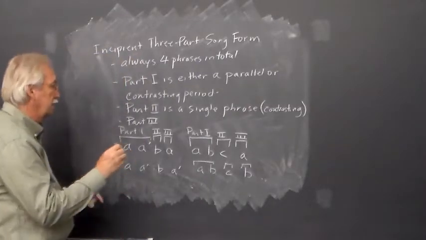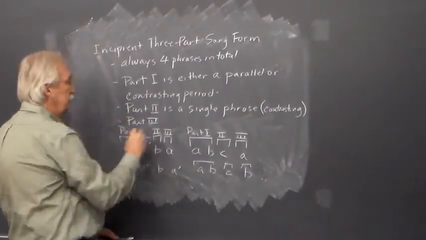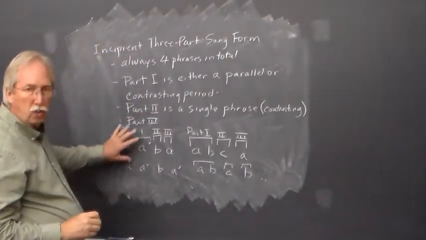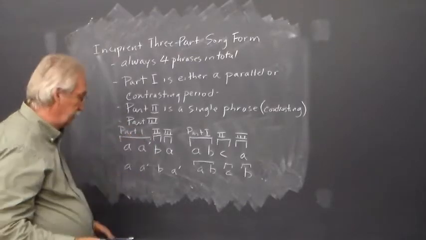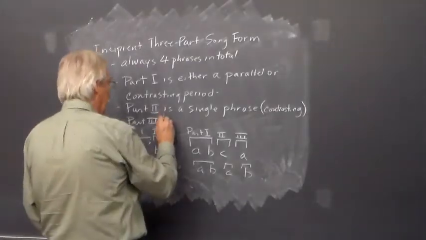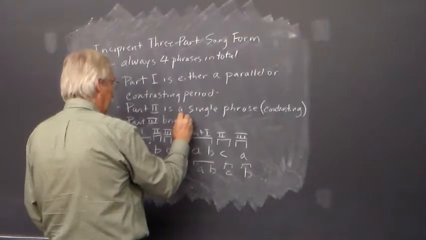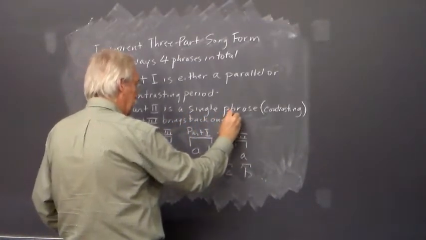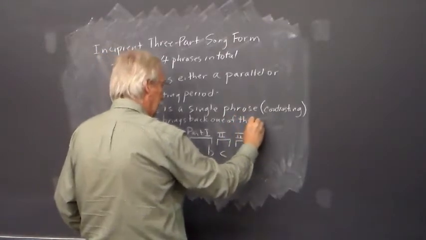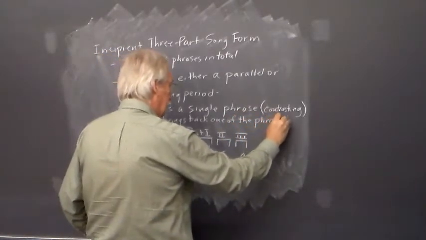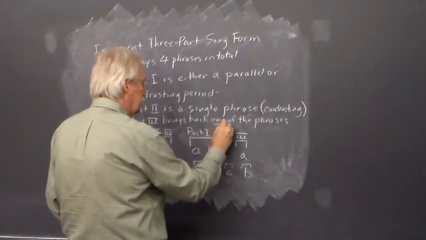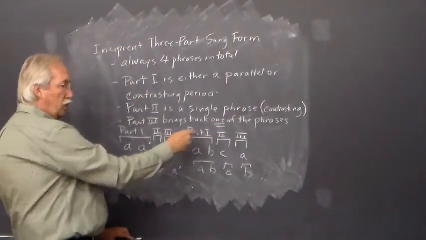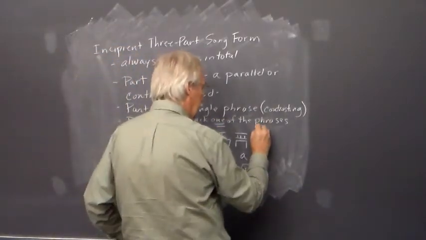But that's why it's called incipient, is that it doesn't bring back the whole part 1, it just brings back one of the phrases. So I'm going to underline that twice. It brings back one of the phrases.